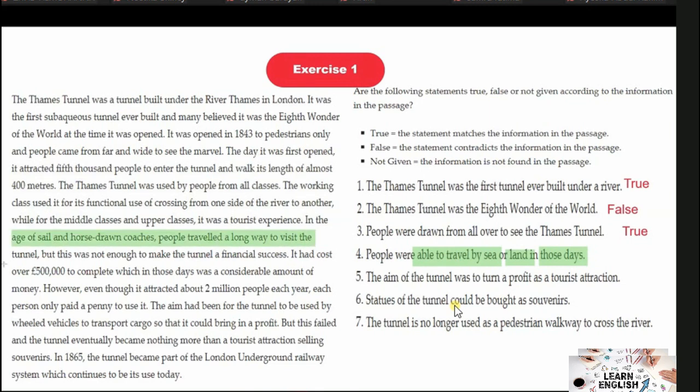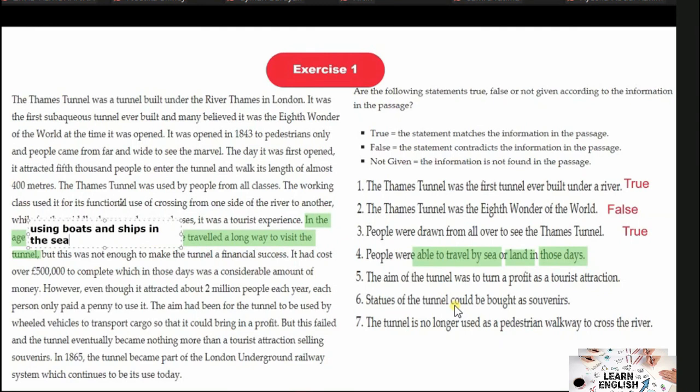People traveled a long way to visit the tunnel. So let's paraphrase that. Just take it step by step. Sail means what? Using boats and ships, right? Where? In the sea, right?